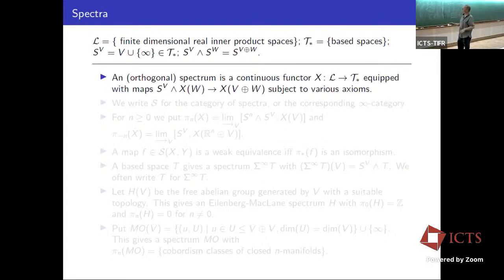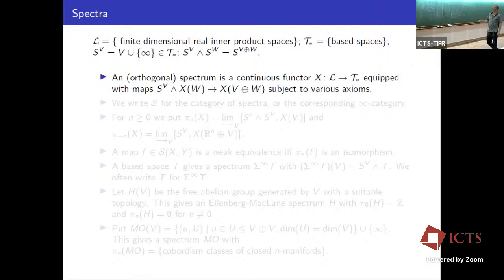So I'm going to define an orthogonal spectrum this way. You could define it just in terms of the R^n, but I'm going to define it in terms of arbitrary finite dimensional inner product spaces. You get an equivalent category, but this formulation is more natural for some purposes. So it's a continuous functor from this category L to based spaces, equipped with suspension maps from S^V smashed with X(W) to X(V+W), subject to various axioms that you can imagine.